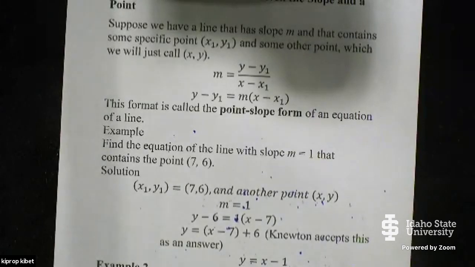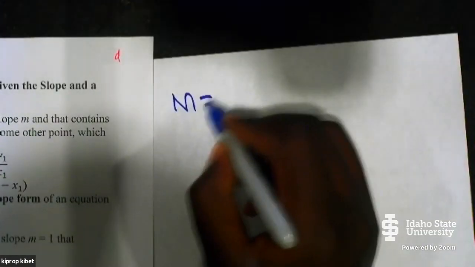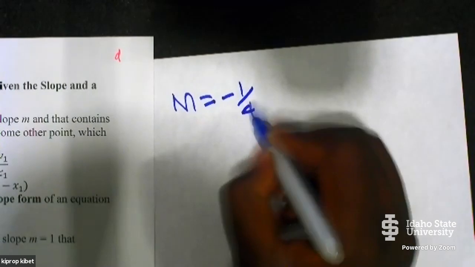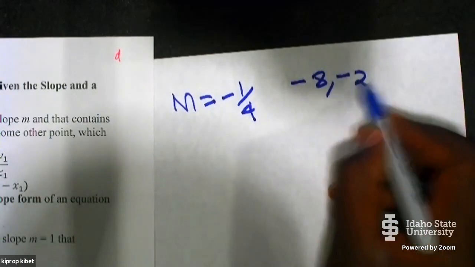So another example. You have m equals minus 1 over 4, and you have the point (minus 8, minus 2).